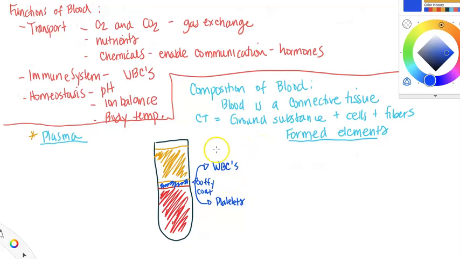Okay, so what is in plasma? So plasma is mostly water. Blood is mostly water. And in fact, plasma is about 92% water. It is about 7% protein.